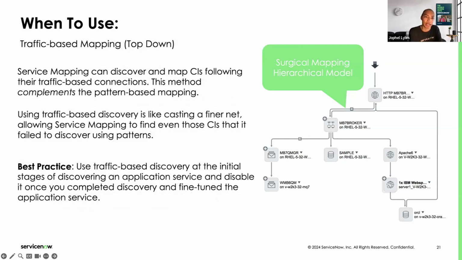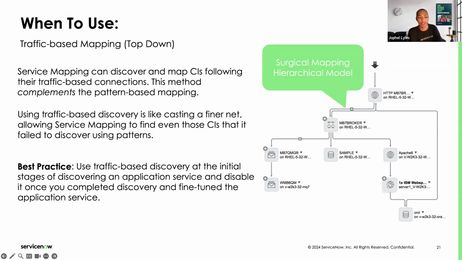Now, the second part of top-down is going to be traffic-based mapping. This is going to create a more inclusive service map and complement that pattern-based service mapping. And just as this sounds, it uses traffic-based or TCP connections between your CIs to build out your service maps.